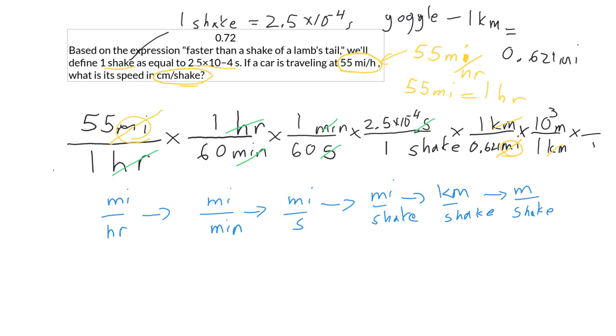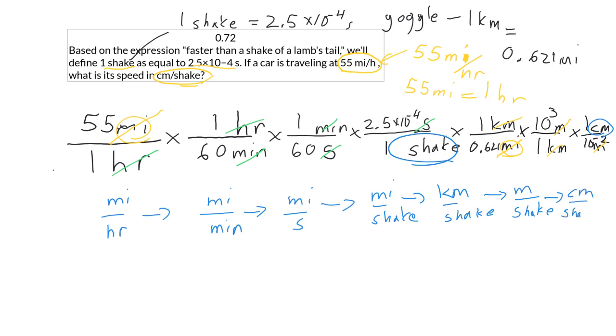I need to get rid of meters, so I place them where they cancel out. I want centimeters. I know that 1 centimeter is 10 to the negative second meters. And hey, I've canceled out my meters. And if we look at my remaining units, shake and centimeters, that's exactly what the problem's asking for.